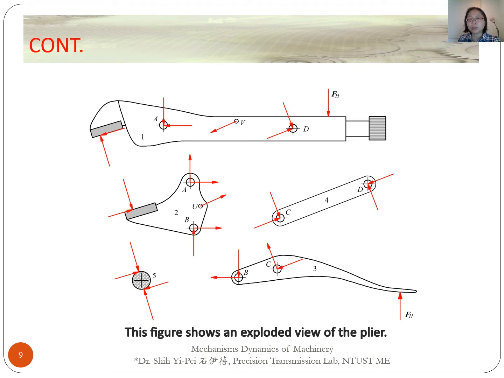This figure shows the exploded view of the plier. Let us practice plotting the forces of the plier in this position. First, we need to check if the mechanism has 2 force members. We can see only member 4 is a 2 force member.